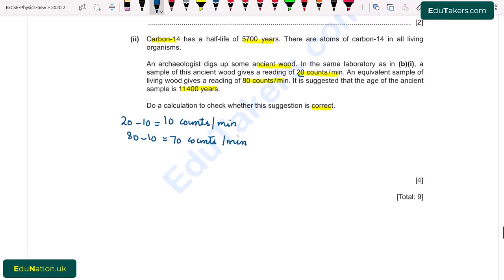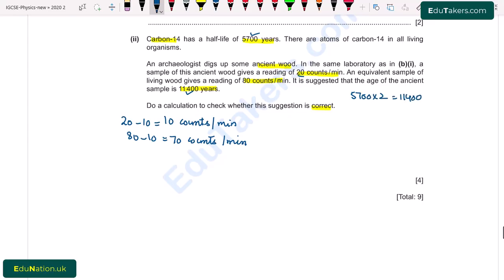So using these numbers, the half-life is 5700 years and the age of the ancient sample is suggested as 11,400 years. So we roughly say that the number of half-lives is 2, because when we multiply 5700 by 2, we get 11,400.